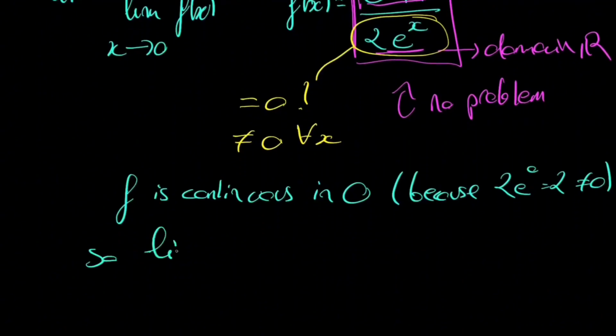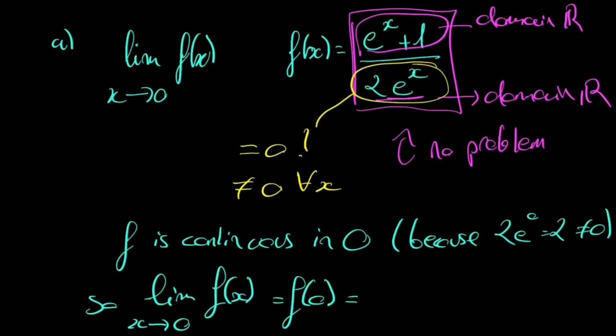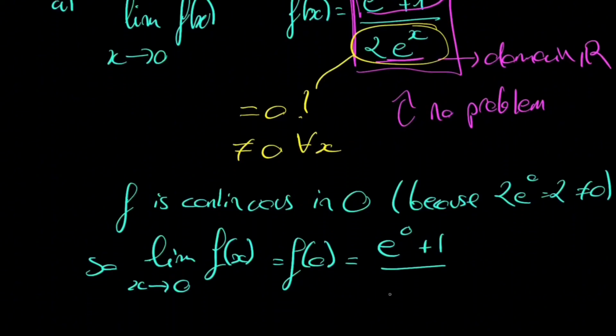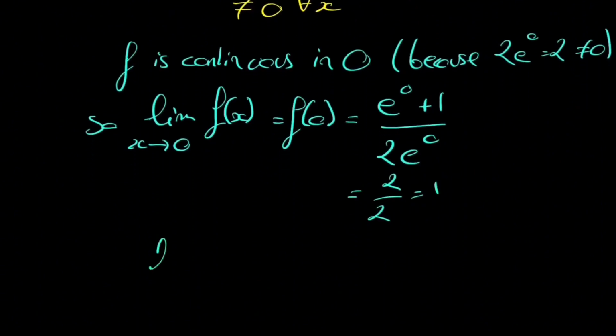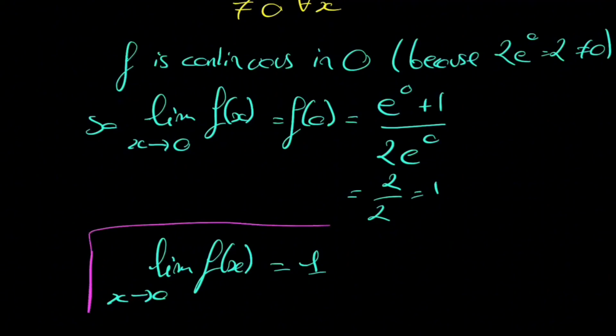So limit of f of x when x tends to 0 is equal to f of 0, which is equal to exponential of 0 plus 1 over 2 exponential of 0, which is 2 over 2, equal to 1. So the first limit, f of x when x tends to 0, is equal to 1. First one done.